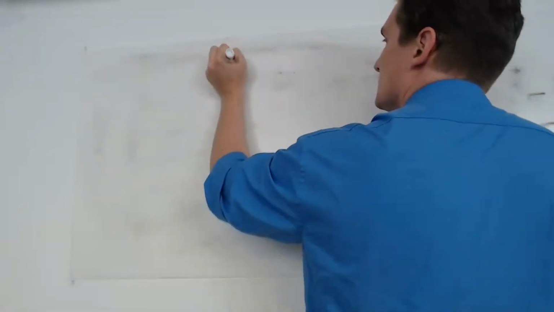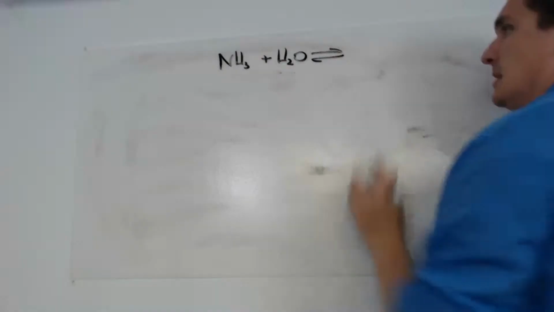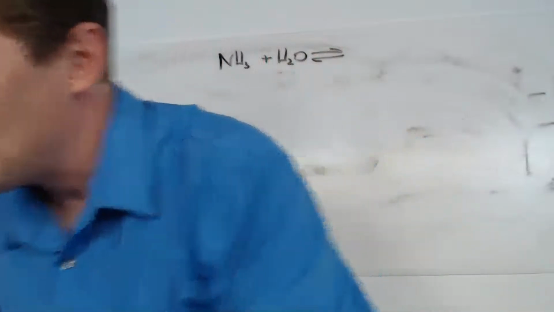So let's say we're working with ammonia, and ammonia acts like a base. Almost always for the basic problems, we're going to do page 9, the last problem. Give me just a minute. So we'll come back to that one.